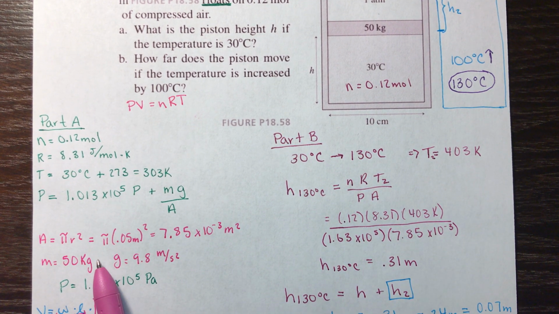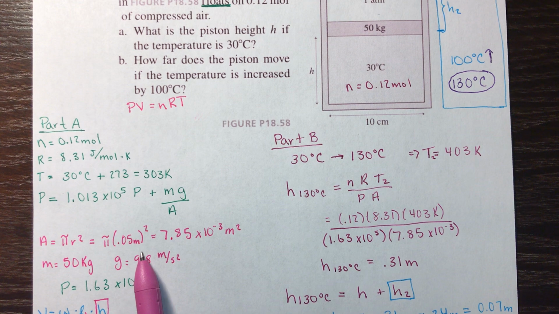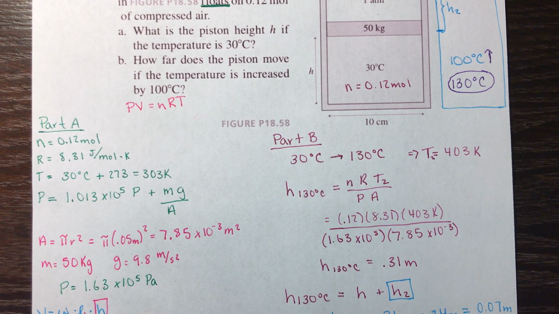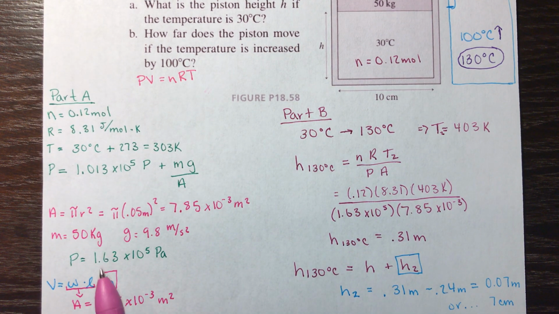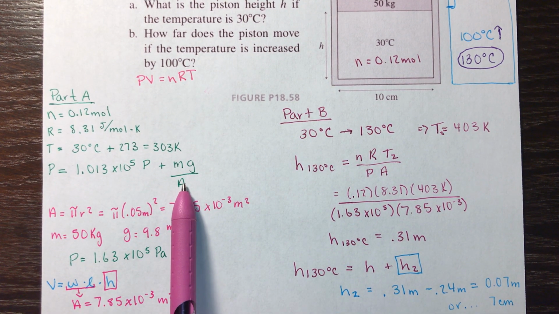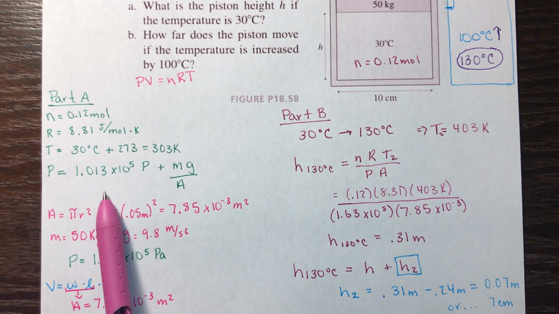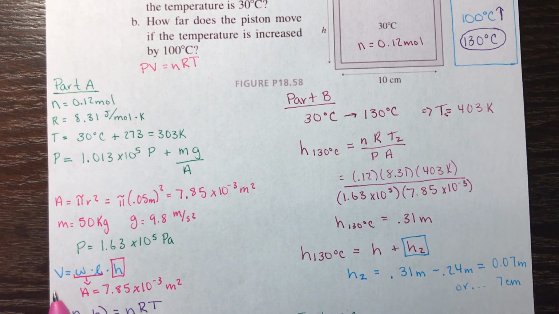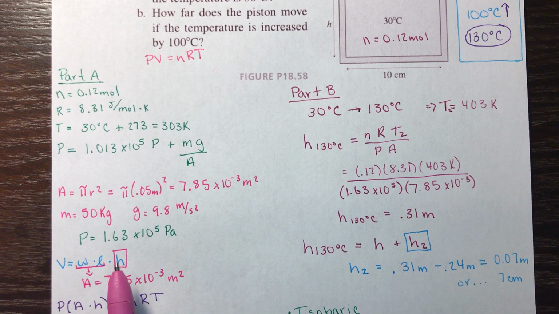So our area is going to be pi times 0.05 meters squared, and we get 7.85 times 10 to the negative 3 meters squared. We also know, given by the problem, that our mass was 50 kilograms and gravity acting on the mass is 9.8 meters per second squared. So simply plugging all these values in for the pressure, adding it to the atmospheric pressure, we get that our pressure is going to be 1.63 times 10 to the 5th pascals.